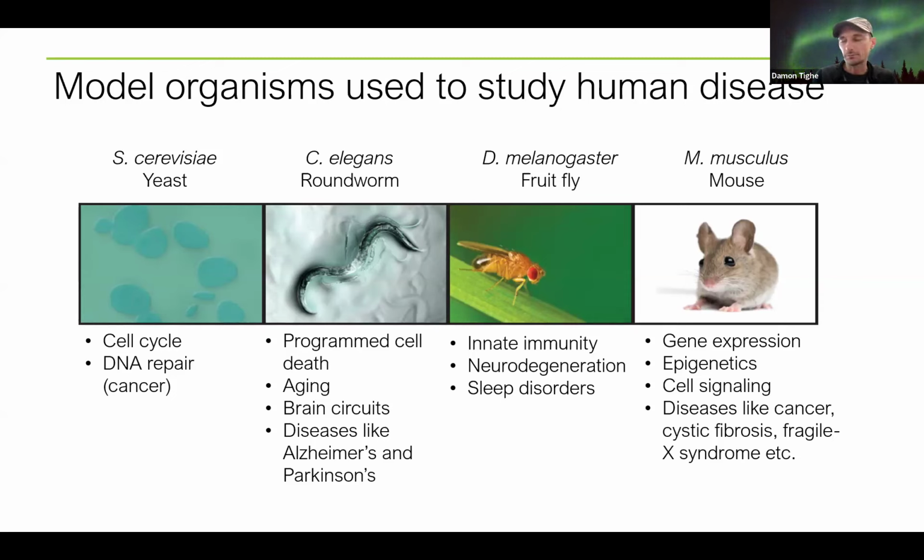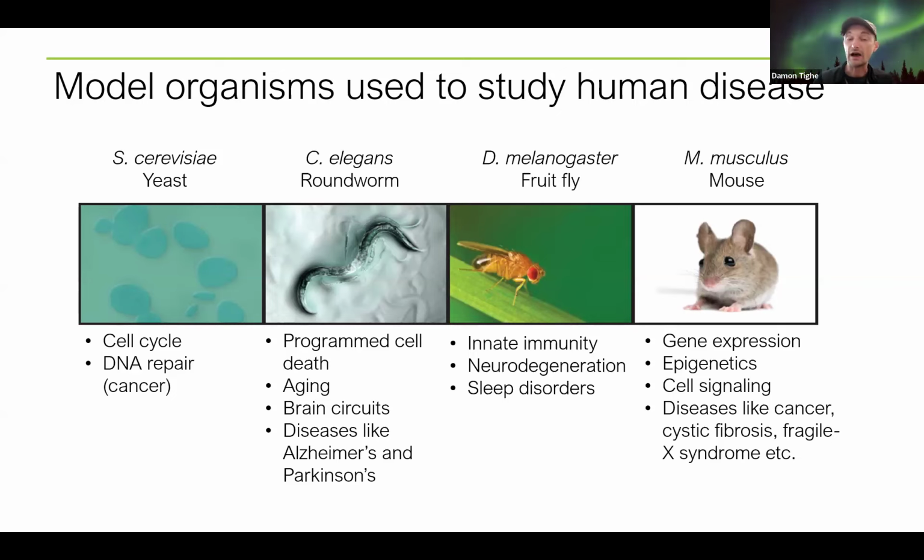The C. elegans worm has been amazing because it just hasn't been around that long. I mean, Sydney Brenner brought this in just a couple decades ago. And we've learned so much in this system. We've learned about programmed cell death, aging, brain circuits, and it's just been a treasure trove, I would say, of useful discoveries because it's such an easy organism to work with.